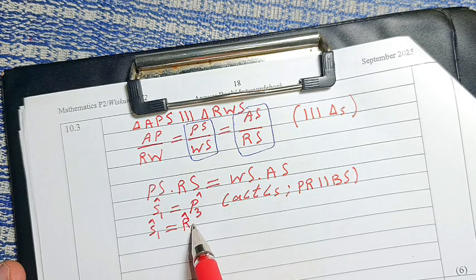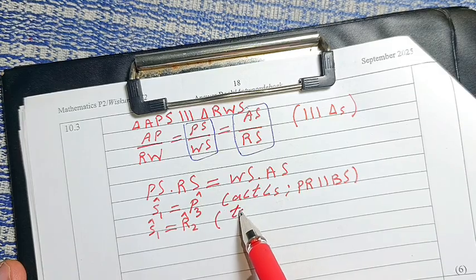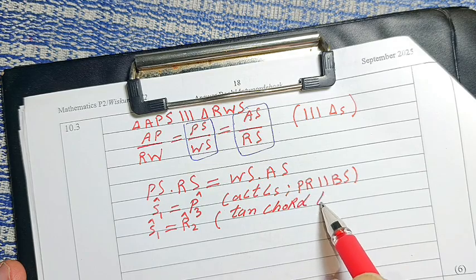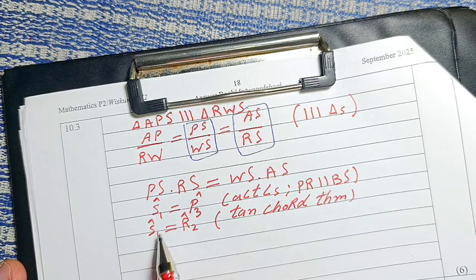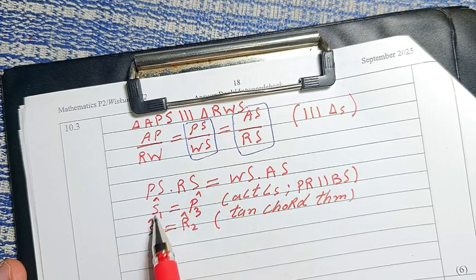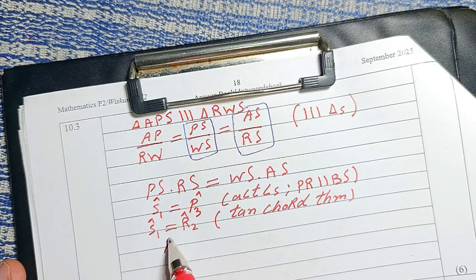Angle R2, the reason is tan chord theorem. So now S1 is equal to angle P3, and angle S1 is also equal to angle R2. Both angles are equal to the same thing. So therefore I can say angle P3 is equal to angle R2.